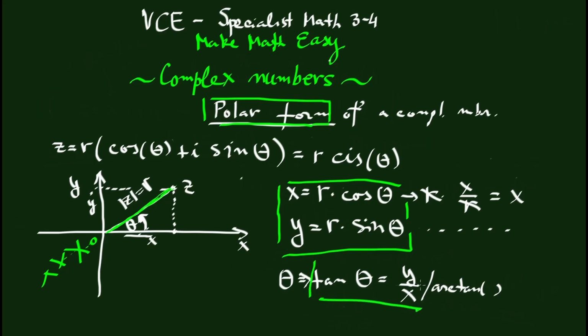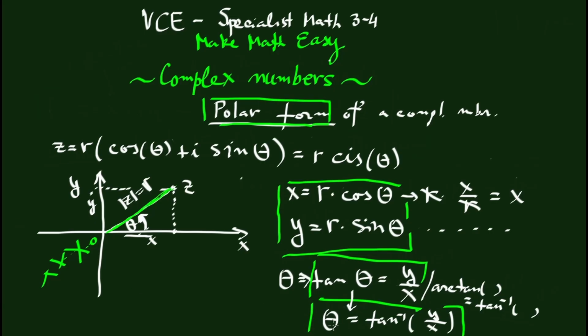You get theta equals arctangent, or tangent to the power of minus 1, of y divided by x. That's how you get theta. That's how we derive theta.